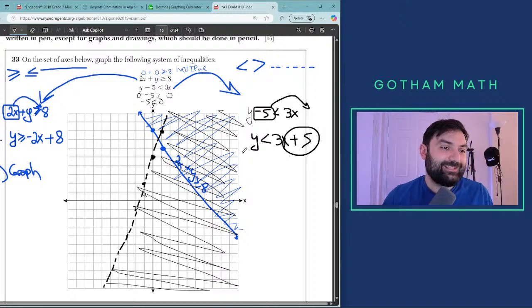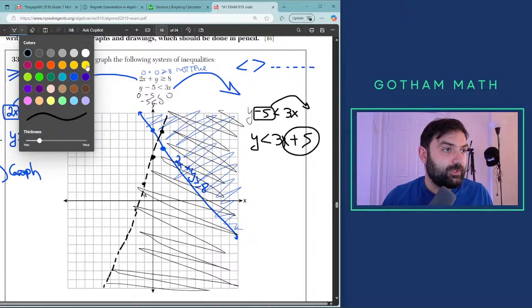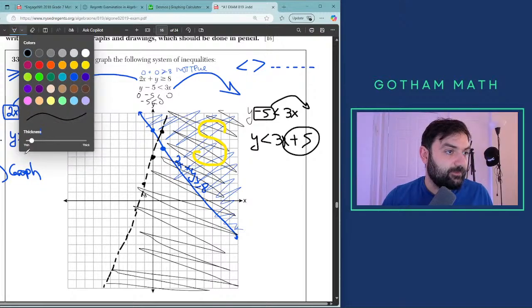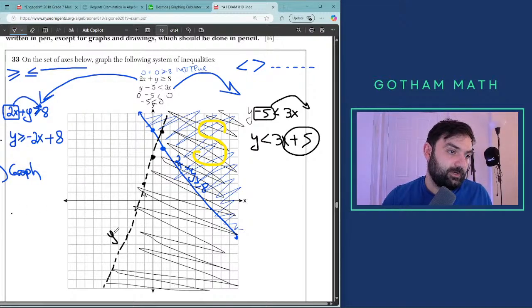And the spot where both shadings go on top of each other is called the solution set, which you can mark like that with the letter S. Maybe we should put this y minus 5 is less than 3x over here.